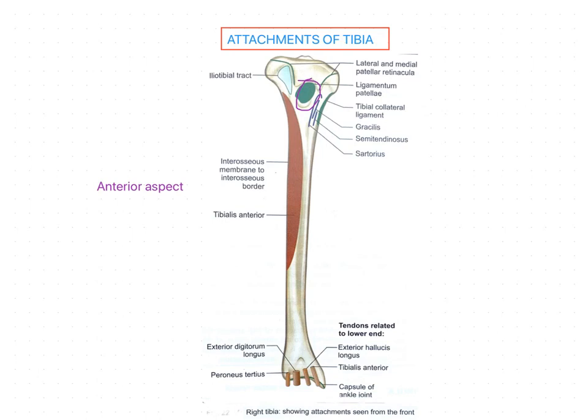To that part the ligamentum patellae is attached. This ligamentum patellae transmits the pull of the quadriceps femoris to the tibia.